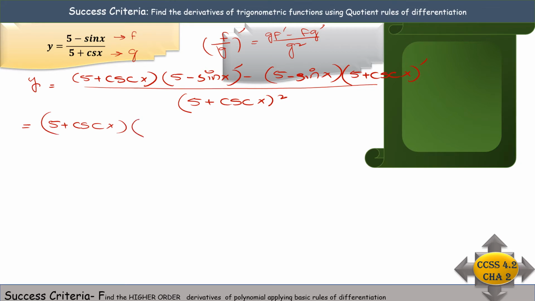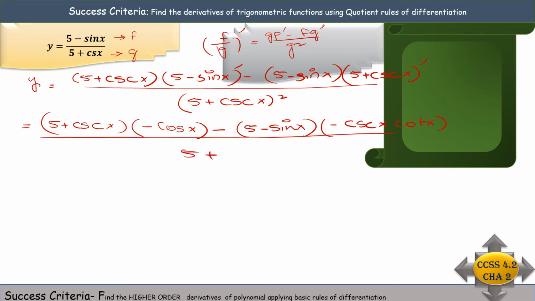Derivative of 5 is 0 and negative derivative of sin x is cos x, minus (5 minus sin x) as it is, and derivative of 5 again is 0 and derivative of cosec x is negative cosec x cot x, over (5 plus cosec x) whole square.